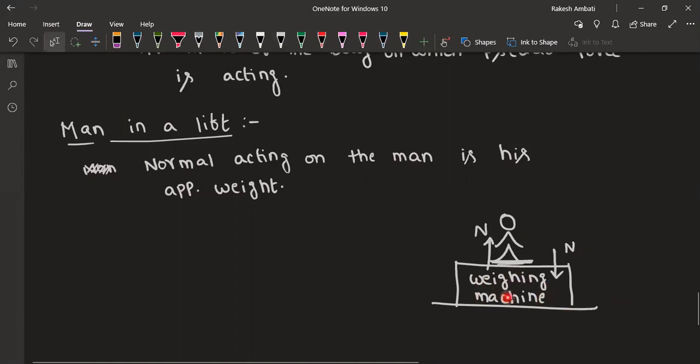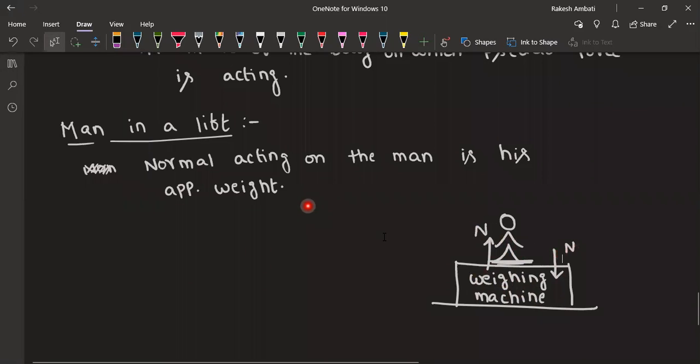The weighing machine measures the normal force acting on it. Will the value be the same or different? Same, because one is the action force and the other the reaction force, so they have the same magnitude.